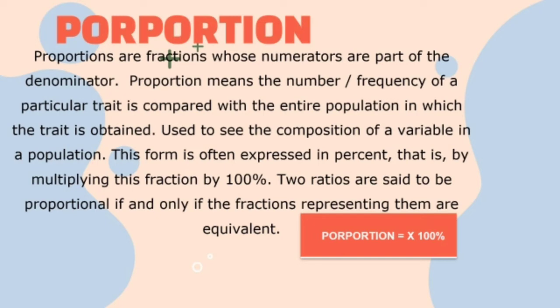Used to see the composition of a variable in a population. This form is often expressed in percent, that is by multiplying this fraction by 100%. Two ratios are said to be proportional if and only if the fractions representing them are equivalent. Proportion is times 100%.